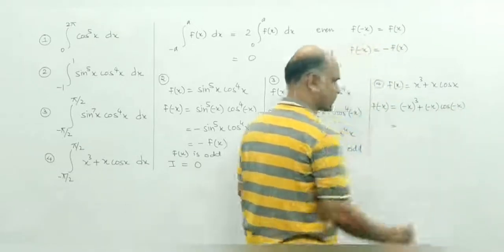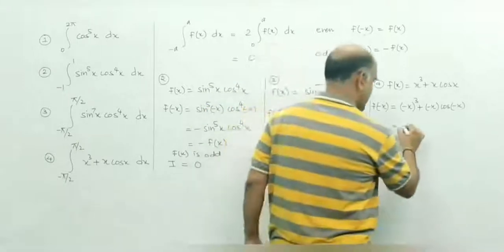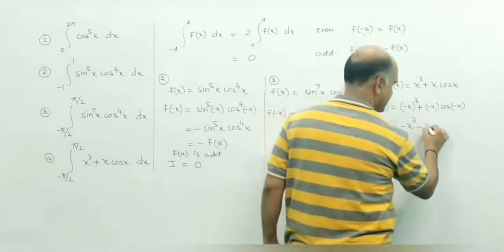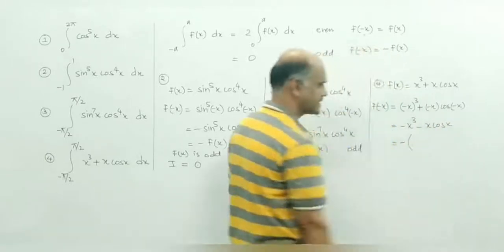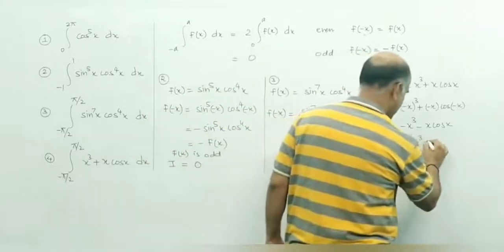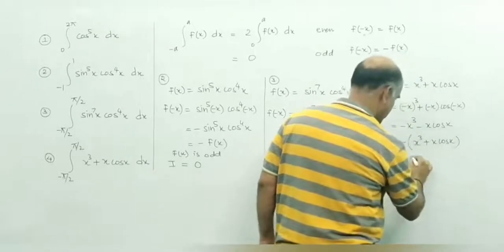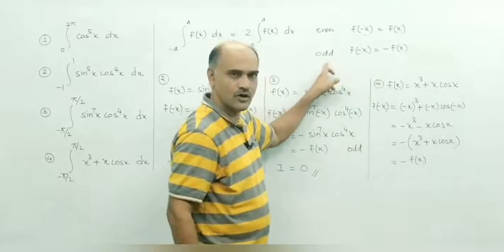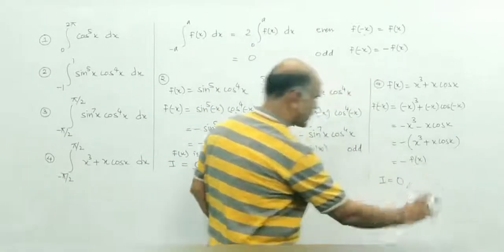So this is equal to minus x cube, cos of minus x is plus, this minus remains, minus x cos x. So take minus common outside. If you take minus outside, you will have x cube plus x cos x. So this is nothing but minus f of x. So again function is odd. As it is odd, you will get integration 0, I equal to 0.